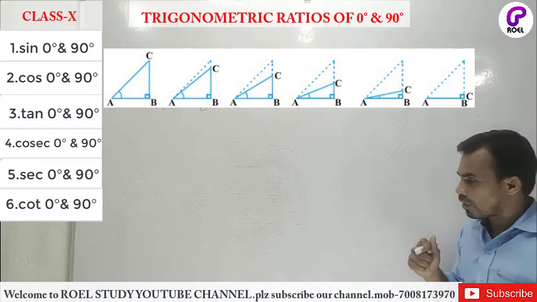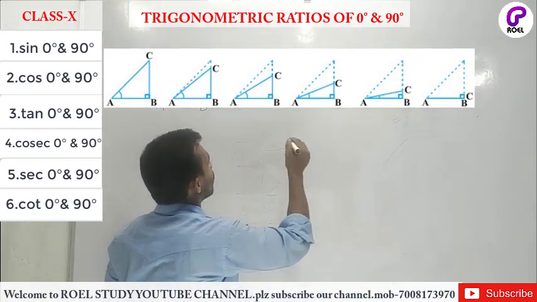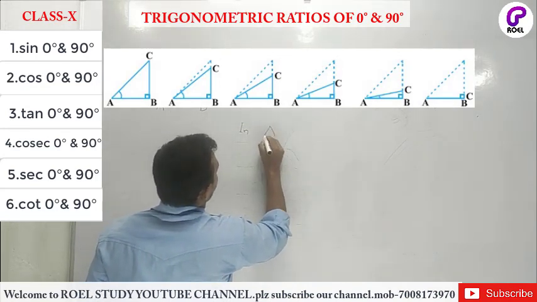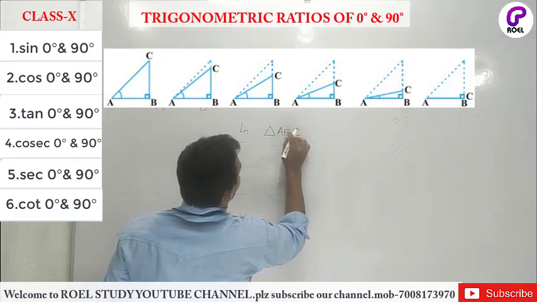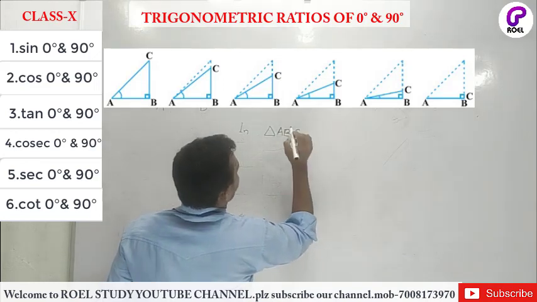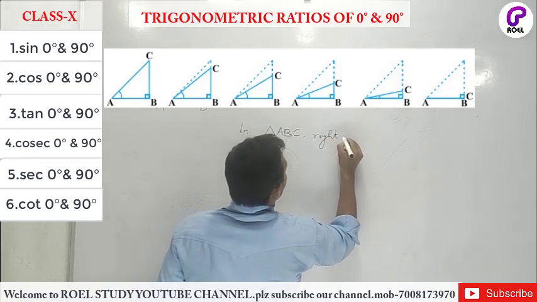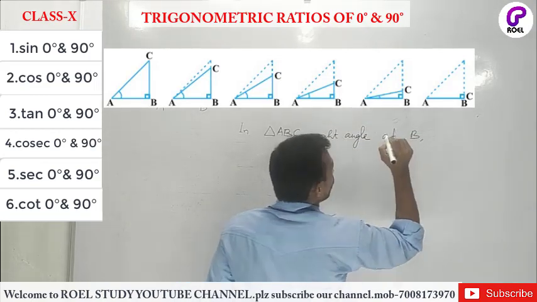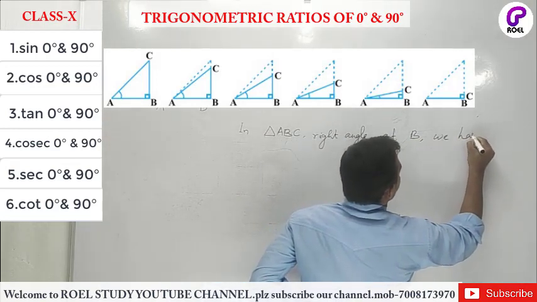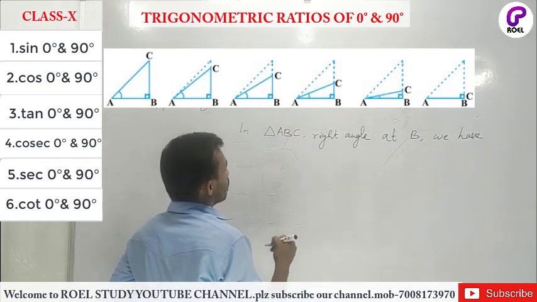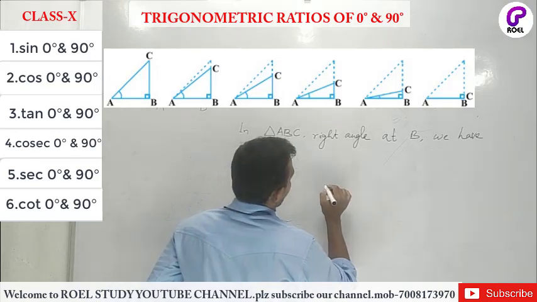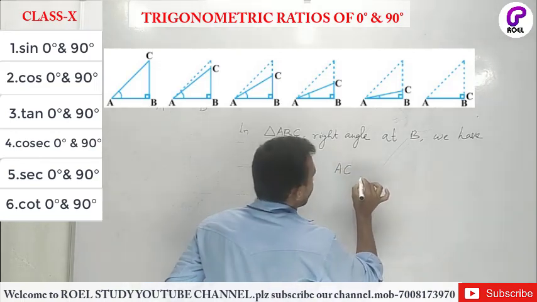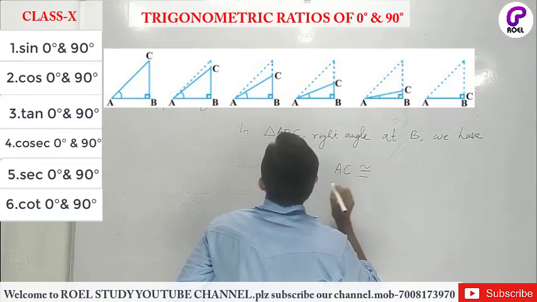Now in triangle ABC, right angle at B, AC will be the same as the base AB.